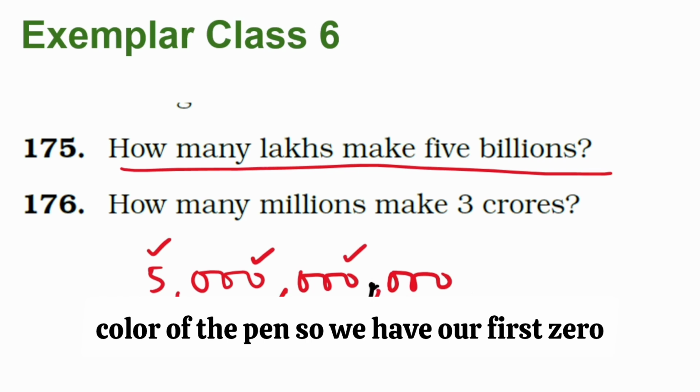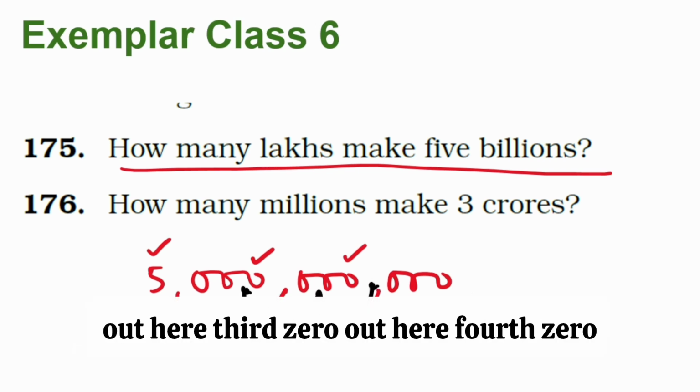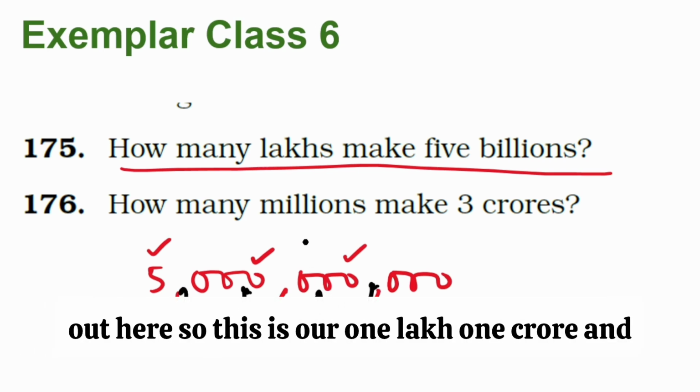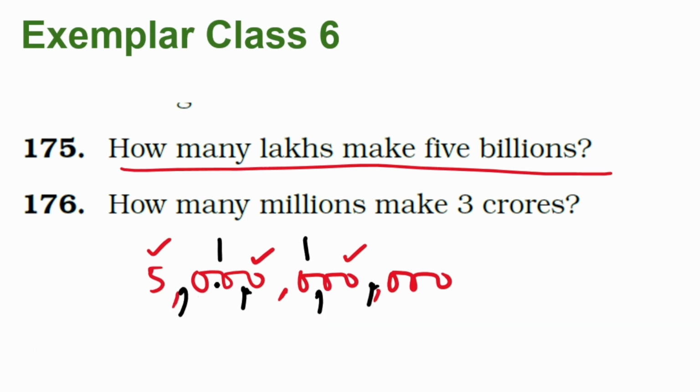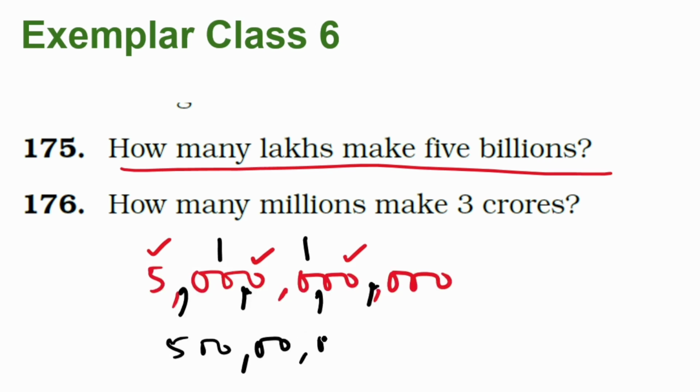So we have our first 0 out here. Then we will have our second 0 out here. Third 0 out here. Fourth 0 out here. So this is our 1 lakh, 1 crore and this would have been 500, right? We would have written 500, then 1, 2, 3, 4, 5, 6, 7. So this is 500 crores.